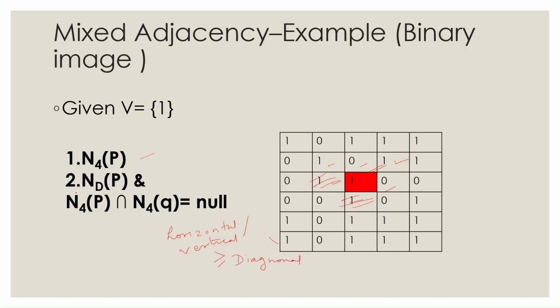So these are the two conditions to be satisfied to get the M adjacency. So in this case, this one cannot be considered for the M adjacency with this pixel. We can have a vertical relationship between these two, but not the M adjacency with the diagonal element P.